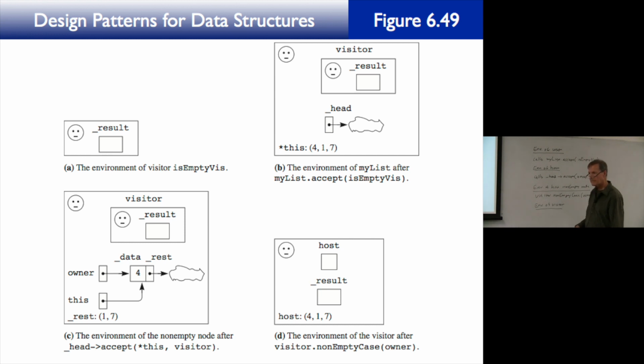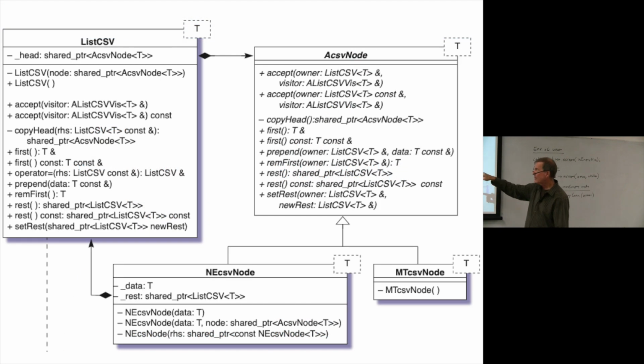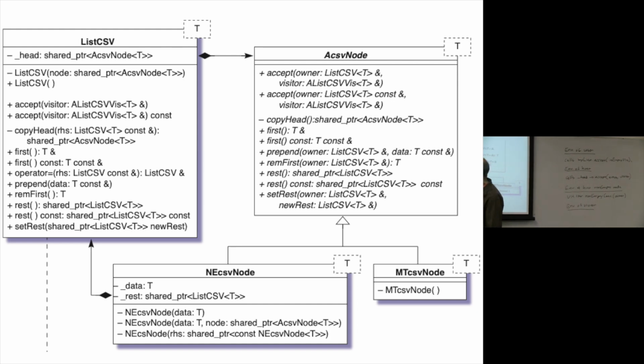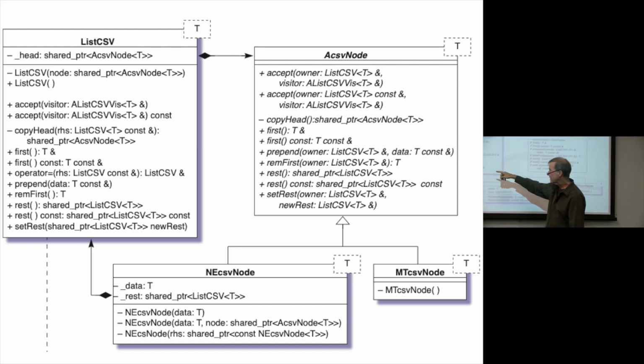Is host type list? Yes. A good question. Host is of type list. So host has a head which you can access. Good question. What does host have? Let's look. In fact, this was your question from yesterday. How does it have access to all that stuff? Look. These methods: copy, head, first, operator gets, prepend, rem first, rest, and set list.